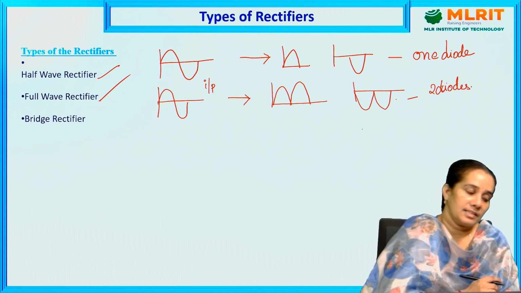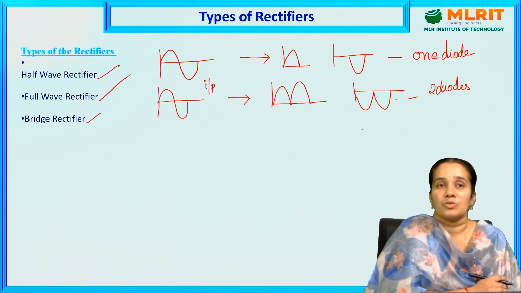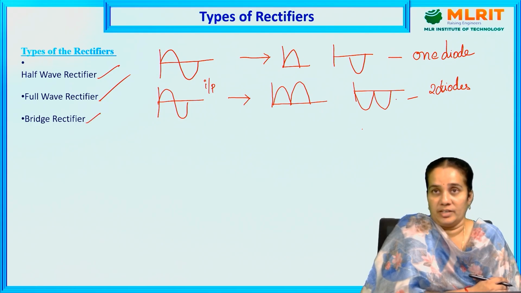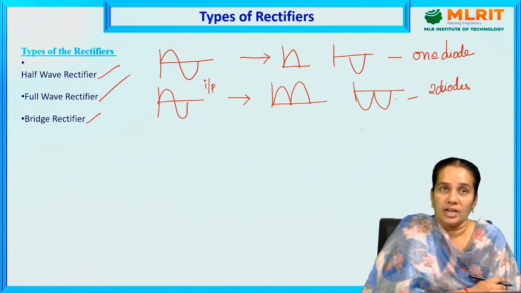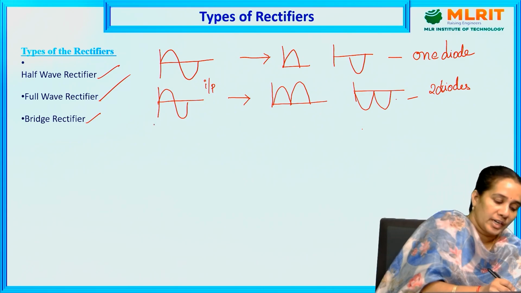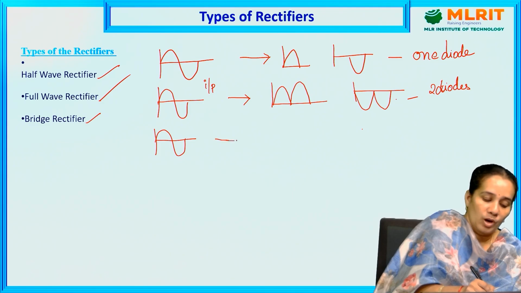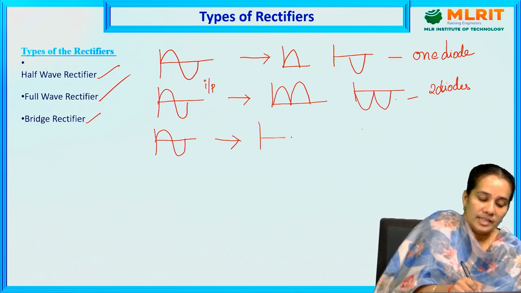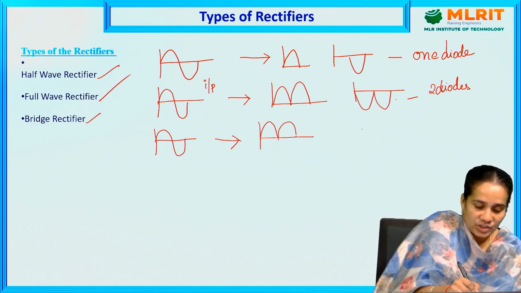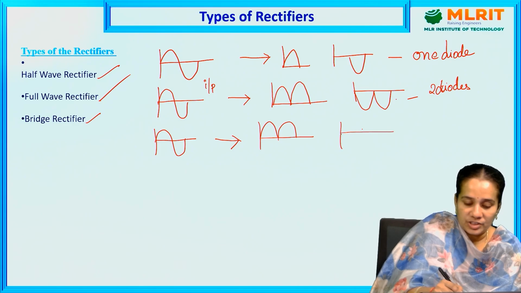The last one is the bridge rectifier. The bridge rectifier also comes under the full-wave rectifier. Like the full-wave rectifier, it rectifies both positive and negative half cycles, either in the positive direction or in the negative direction.